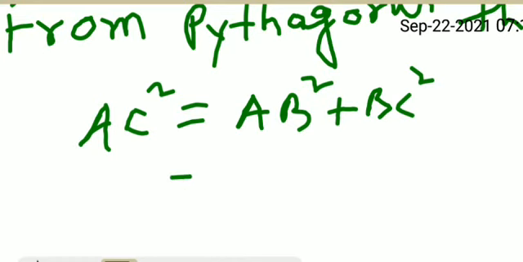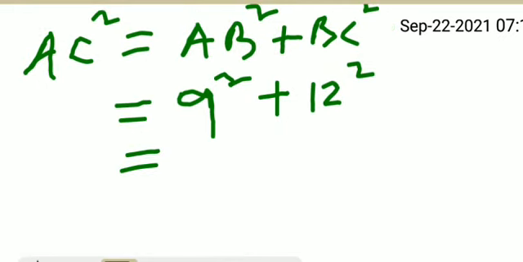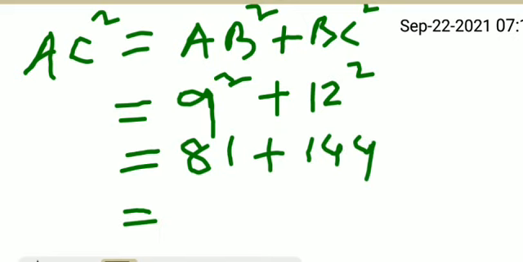So now, AB is given 9 centimeters, so in the place of AB square write 9 square, and BC means 12, so write 12 square. Now 9 square means 81 and 12 square means 144. If you add these two, it will be 225.